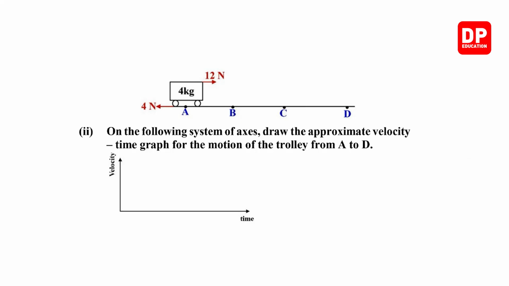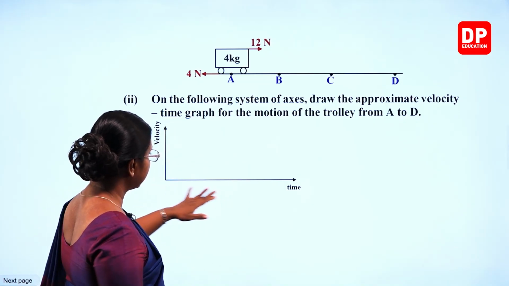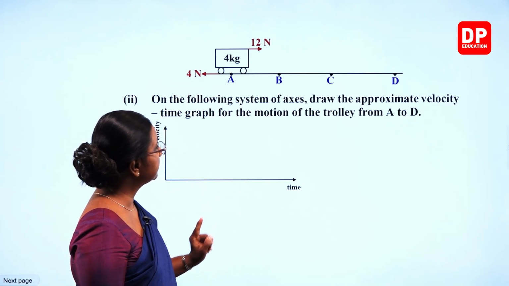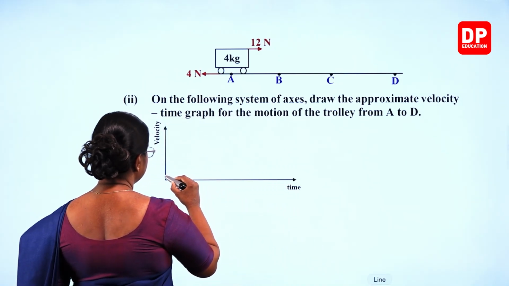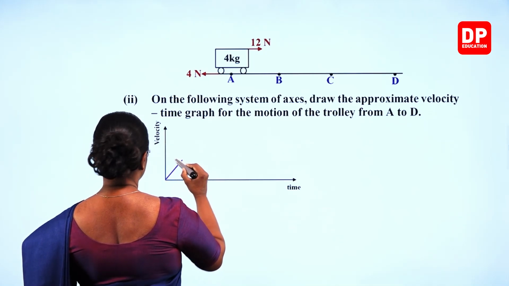Part 2. On the following system of axes, draw the approximate velocity time graph for the motion of the trolley from A to D. So you need to show the motion of the trolley. The axes are marked for us. You can see y-axis velocity, x-axis time. So you need to draw the velocity time. So initially it is going to be acceleration.